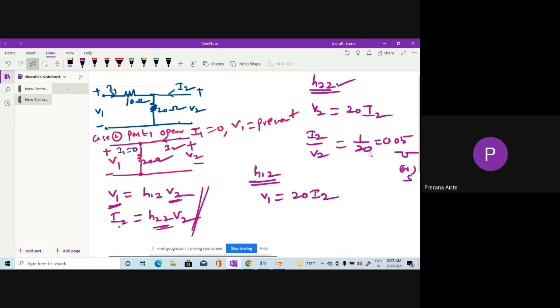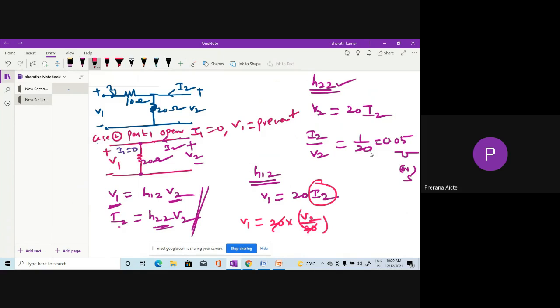So how are you going to remove this? You require the values V1 and V2 only, but here our current is available. So we need to remove this I2 value. So we can write V1 is equal to 20 into, just replace I2 here, V2 by 20.